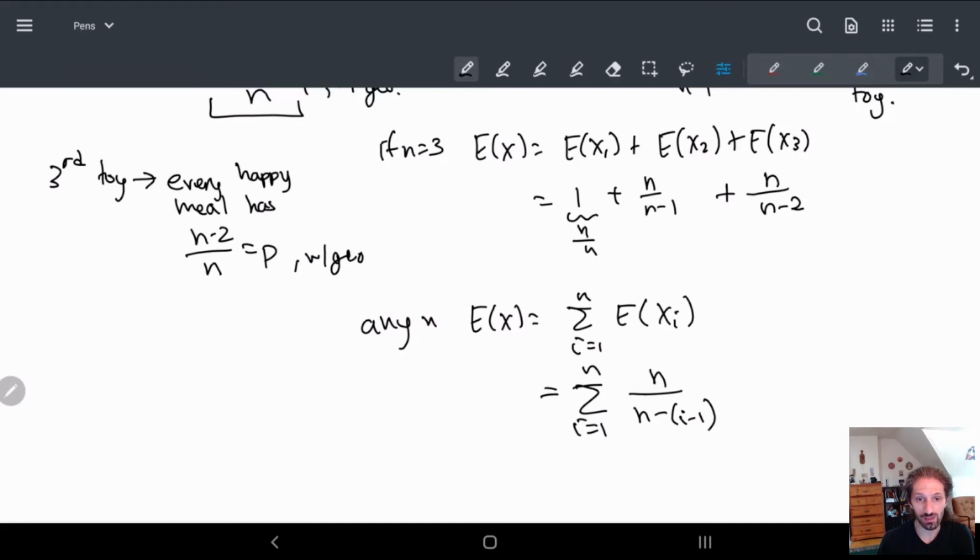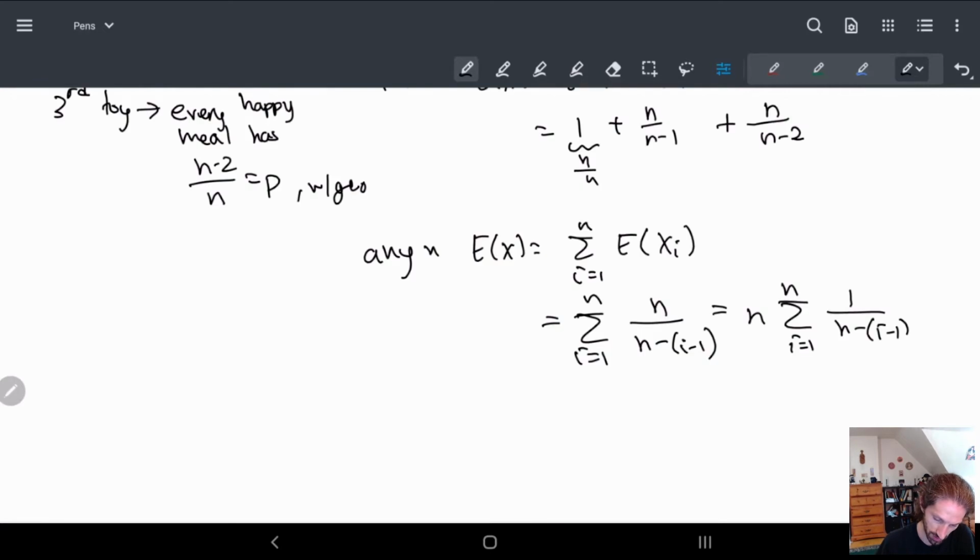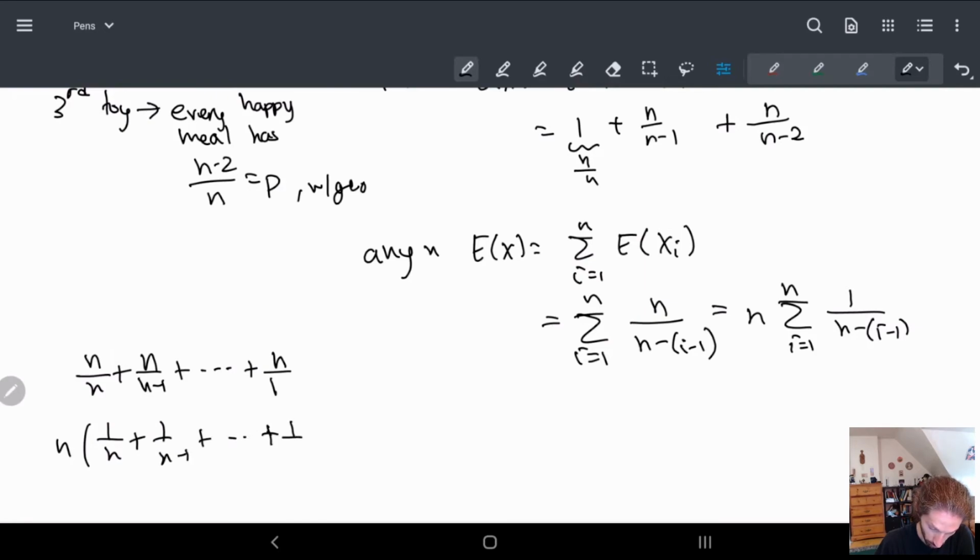And that's basically what I end up getting. So what is this series? Well, let's look at this. This is just n times the sum of 1 over n minus i minus 1. But we can rewrite this, and maybe it makes more sense if I write it a different way. If I write this as n over n plus n over n minus 1, all the way down to n over 1, and I pull an n in front, I have 1 over n plus 1 over n minus 1, all the way down to 1 over 1.